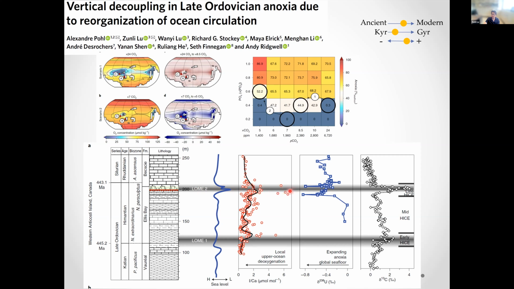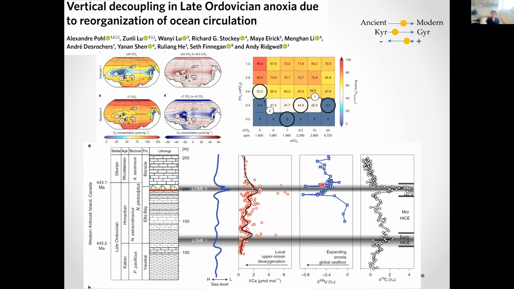So the immediate interpretation is we have local upper water O2 that was actually going up during this extinction, whereas the global proxy seems to indicate an expansion of anoxia on the seafloor. So this is very interesting to try to reconcile.